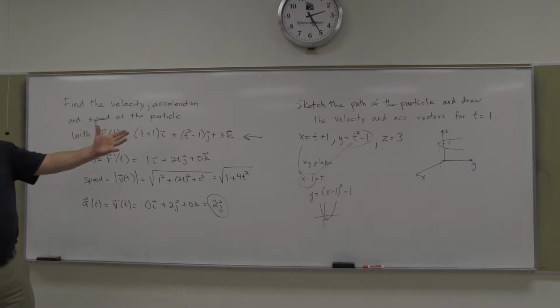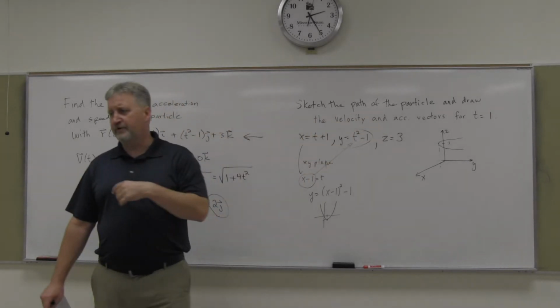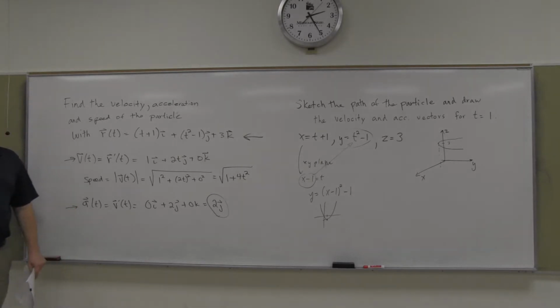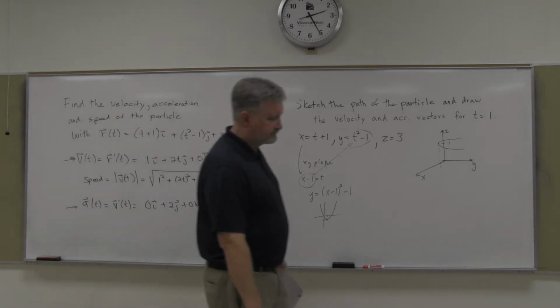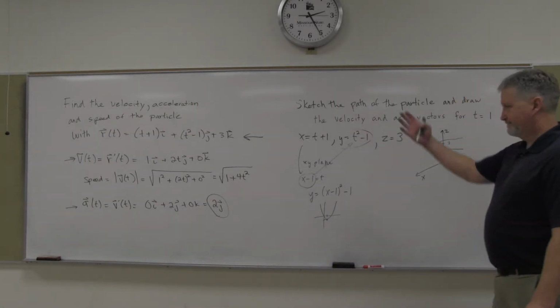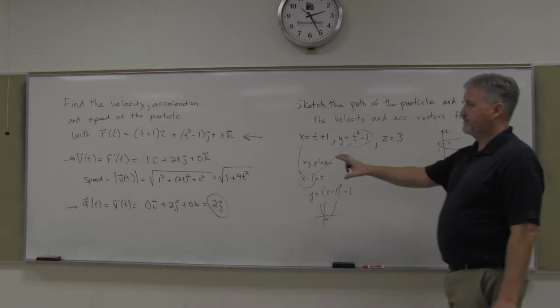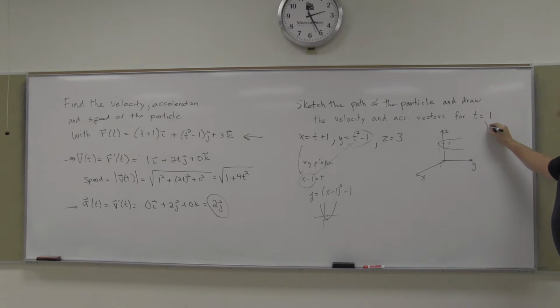But all right, so now the other thing was I wanted to sketch the velocity and acceleration vectors at t equals 1. What these give me, the velocity and the acceleration, are just vectors that I could technically sketch anywhere I want to, but let's actually put them at the point that's associated with t equals 1. So what point on the graph are we talking about?